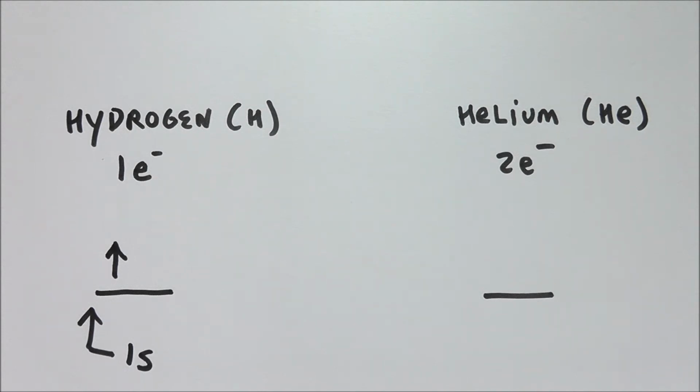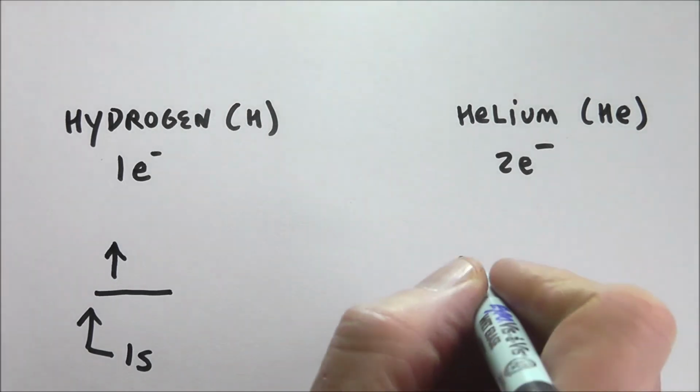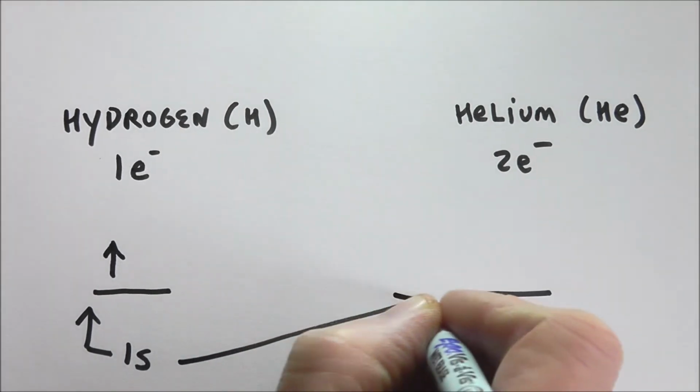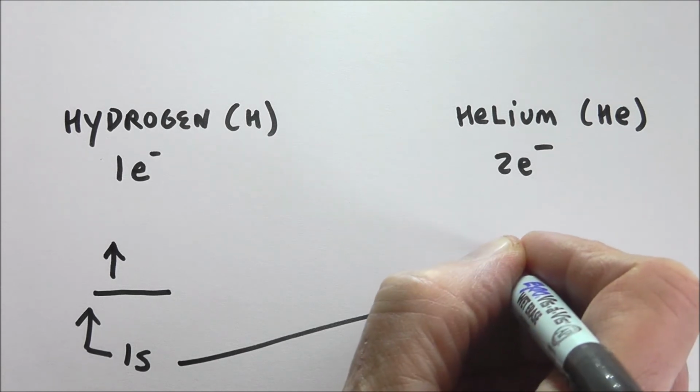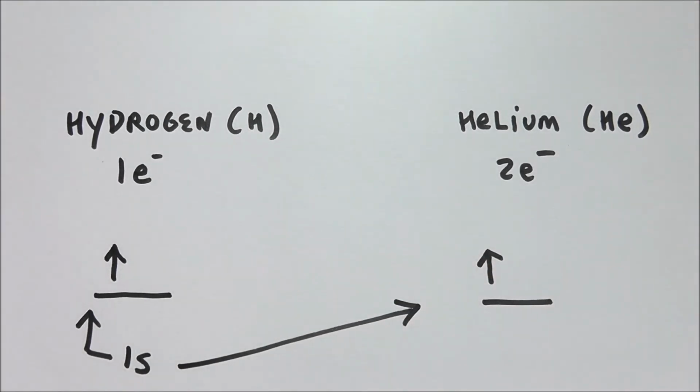We have to know how many electrons are in an atom. We pile them into this template of where the electrons go. So the first electron in helium is also a 1s. I'll put it just like that. Now, there are rules about what has to happen with the second electron.